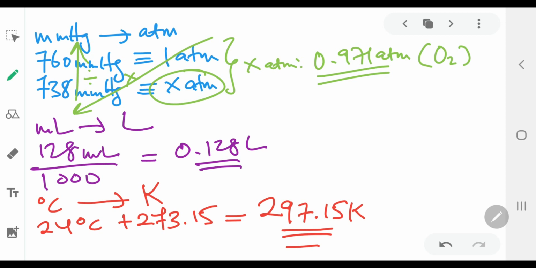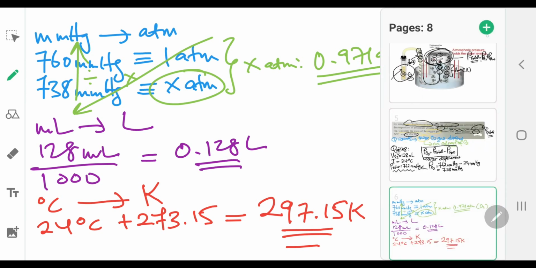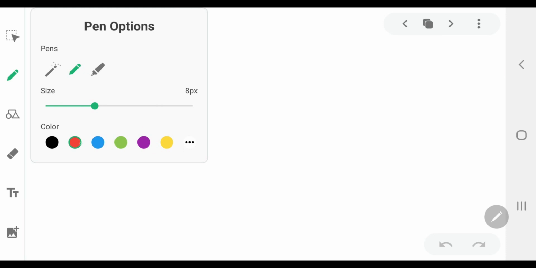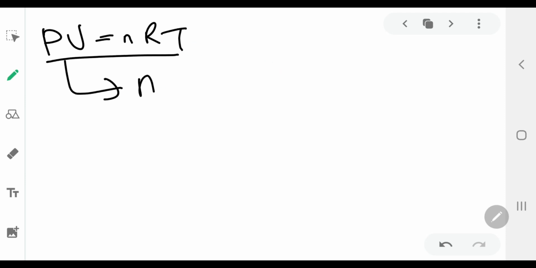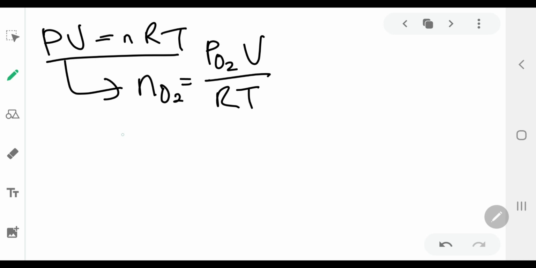Okay, so we take all of this value here, we're going to substitute to here, PV equals nRT. Okay, so when you rearrange this, you get n for oxygen we're going to find, equals partial pressure of oxygen times volume over RT.